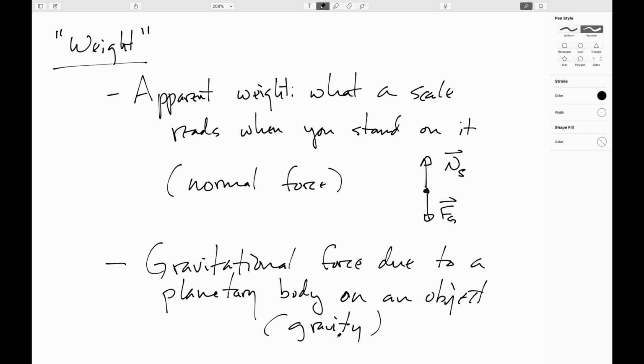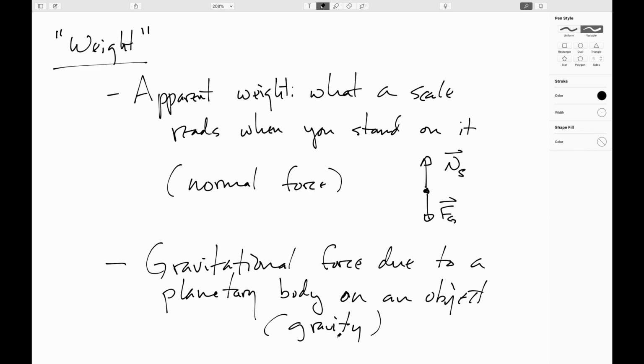Are we talking about gravity, or are we talking about this apparent weight, basically the normal force, so that you can feel your sense of weight? Because you don't feel the earth pull down on you, you feel the floor push up on you, but you attribute that as your sense of weight, even though it's really a normal force. So you have to figure out which one it is and then solve for it.